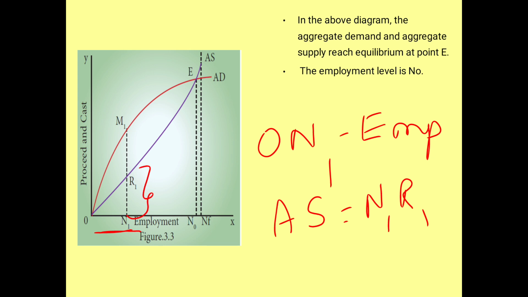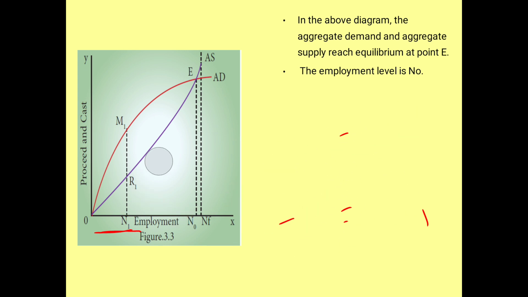This is the AS equal to N1R1. Next, now they are able to produce M1N1 level of production. M1N1 level of production they are able to do.